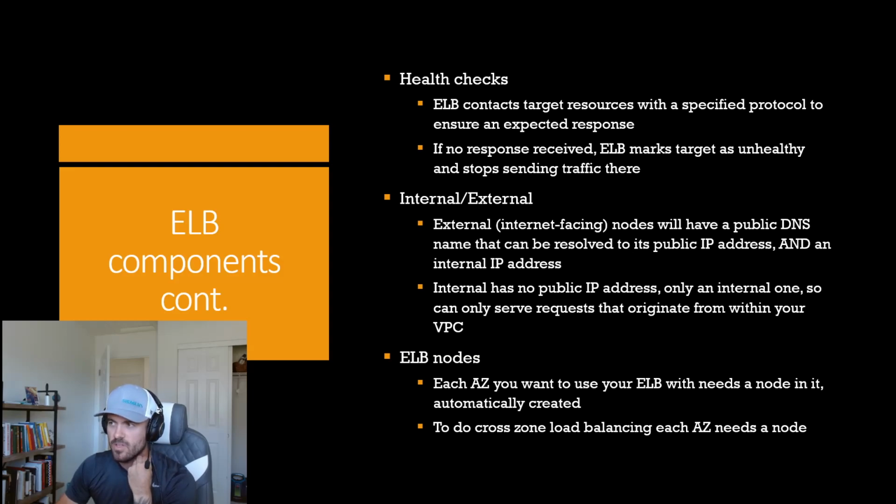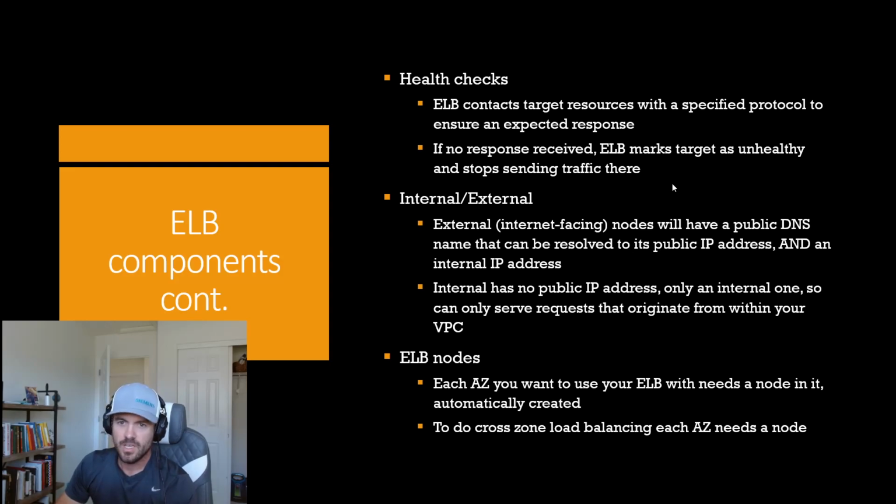So for example, you would want to contact maybe a target EC2 instance with HTTP protocol to ensure that it responds with a 200 status code, which means okay, for example. But if no response is received, then ELB is going to mark the target as unhealthy, and it's going to stop sending traffic to that instance, okay, which is pretty neat.